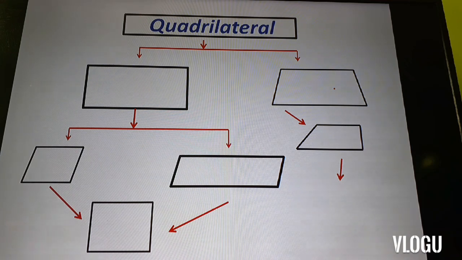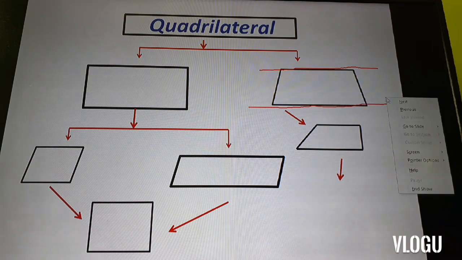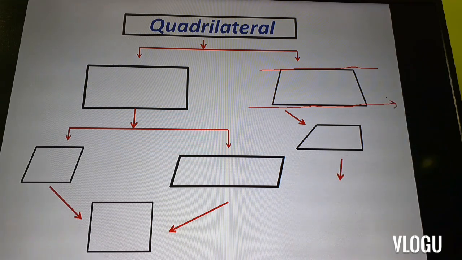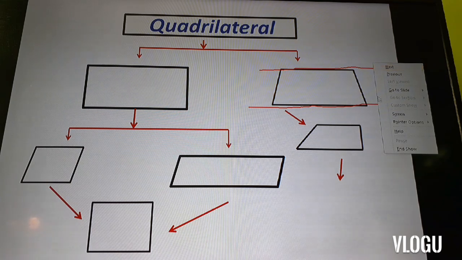Another property of an isosceles trapezoid, it has one pair of parallel sides. It has one pair of parallel sides. And that parallel sides ay nandito po yun. If I have to extend this line or sides, and if I have also to extend the other sides, it does not intersect at all times, infinitely.